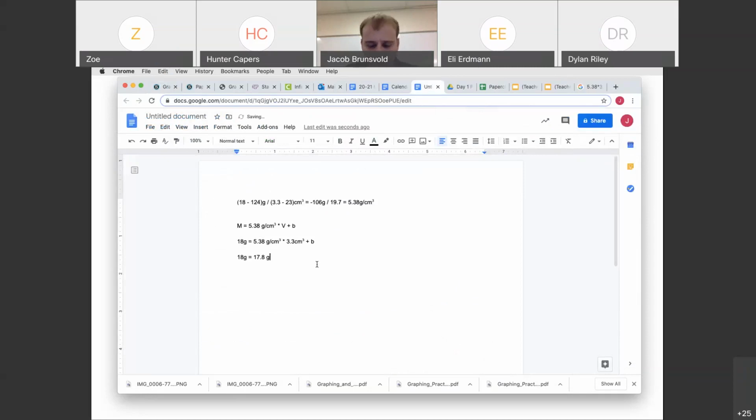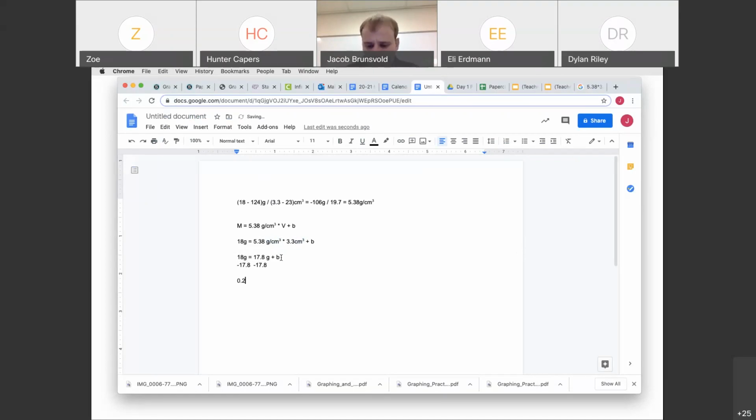And then plus B. So if you're wondering where I got that unit, the centimeters cubed on the bottom of the fraction is going to cancel out with this centimeters cubed here, and we're just going to be left with grams. So 18 grams equals 17.8 grams plus B. And then our last step is going to be subtract 17.8 from both sides, and then what we should get is 0.2.